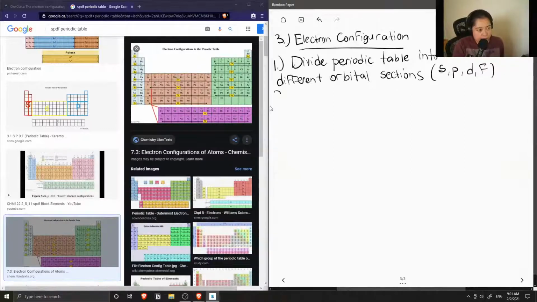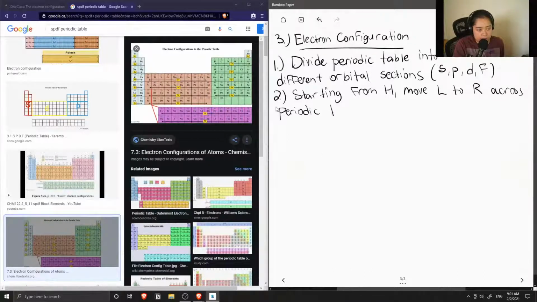Okay, so step 2, starting from hydrogen, we move left to right across the periodic table, writing the row number followed by the block letter.